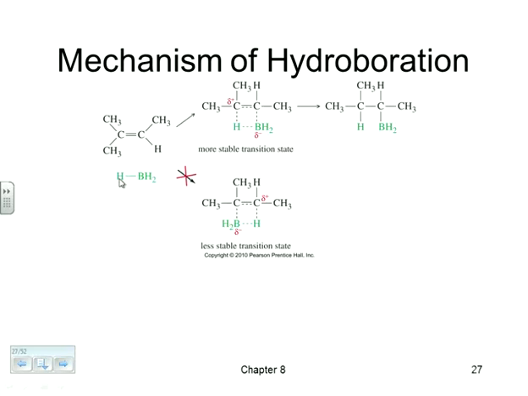You get this transition state where one of the hydrogens from the boron is added to one carbon from the alkene, and then the remaining BH2 is added to the other side. And this happens at the same time.